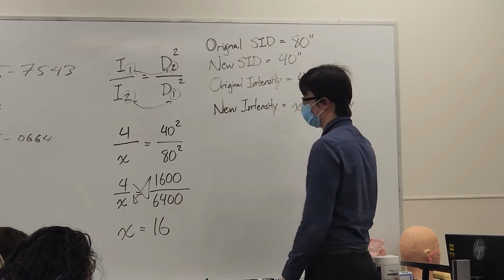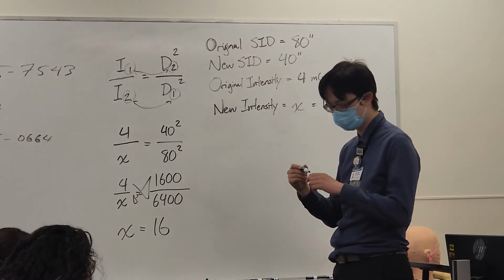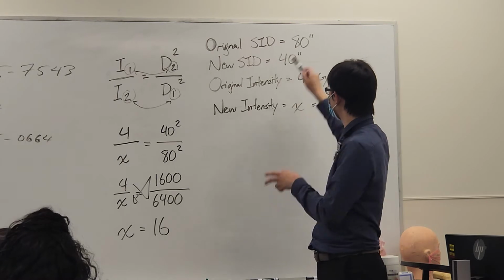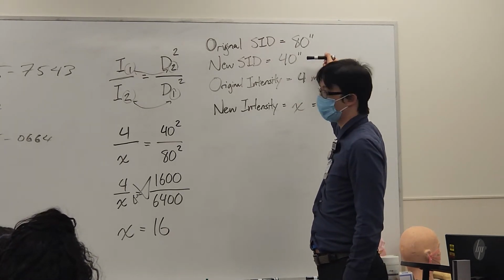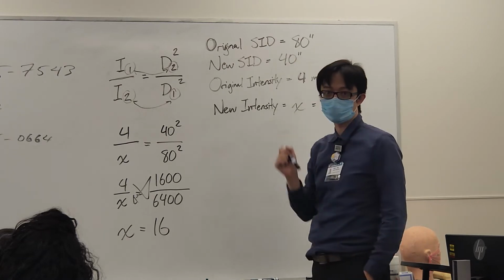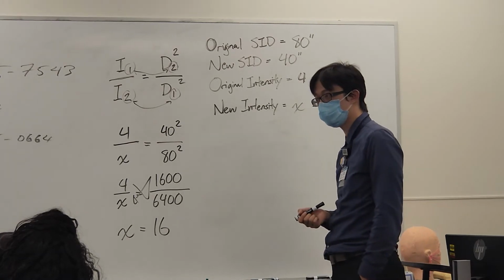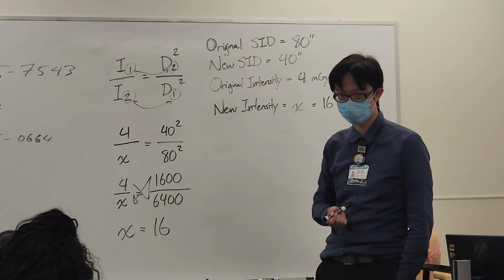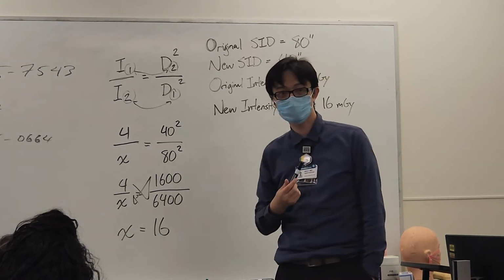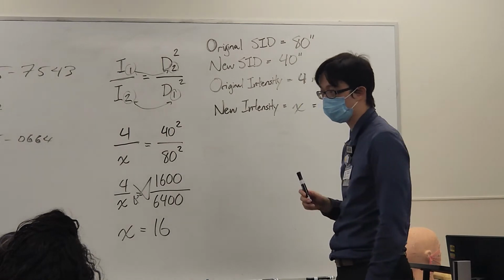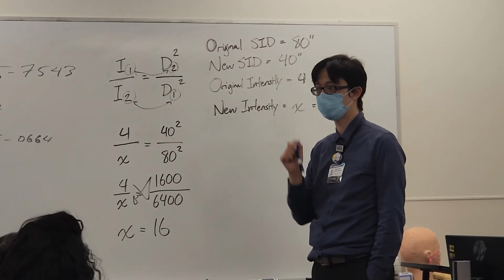Let's check to make sure this makes sense. My original SID was 80. I went to 40. So did I get farther or closer? Closer. If I got closer, do we expect the amount of radiation to go up or down?